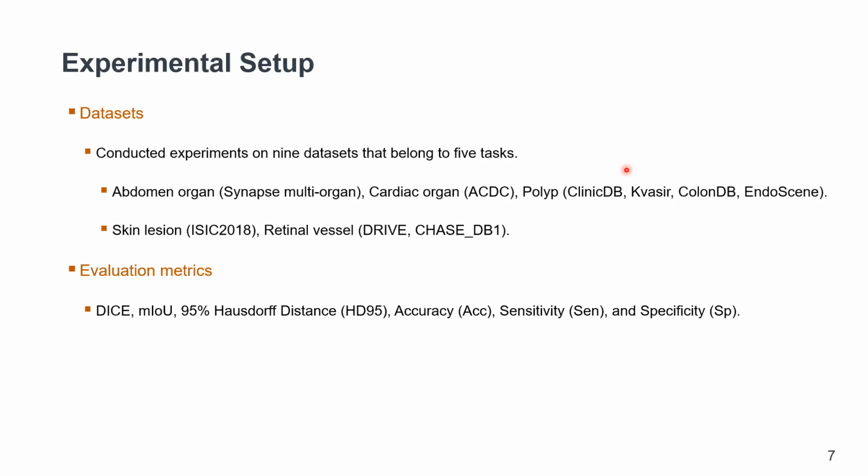We use DICE, mean intersection over union, 95% Hausdorff distance, accuracy, sensitivity, and specificity as evaluation metrics in different datasets. And as encoder backbone networks, we use PVTv2-B2 and a small CASCADE in all our experiments with pre-trained ImageNet weights.